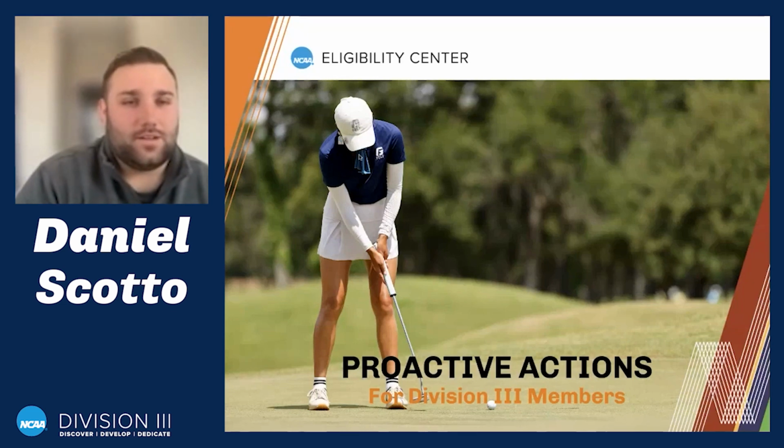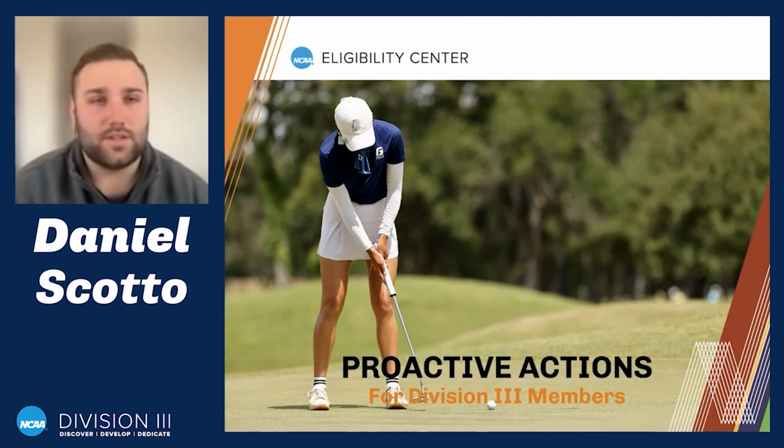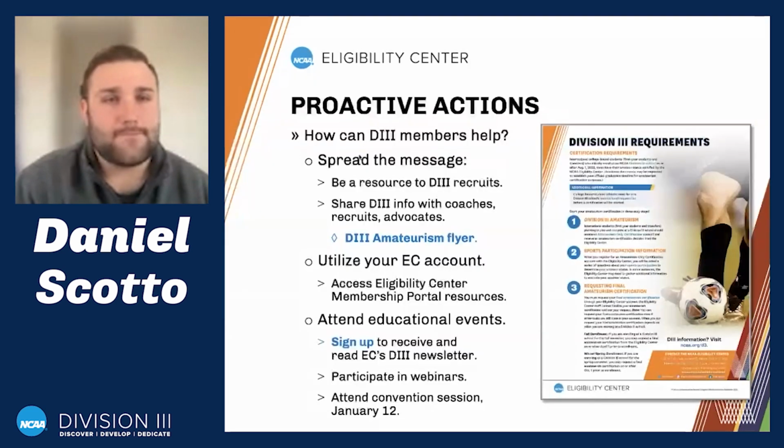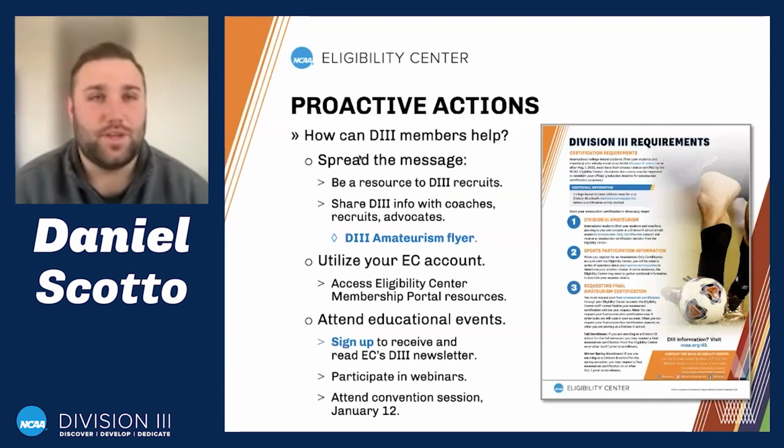Yeah, thanks, Erica. So, some proactive actions for the Division III members. How can you help those Division III members? You can spread the message. You can be a resource for those Division III recruits. A big thing that Erica touched upon, the resources, is that Division III amateurism flyer.